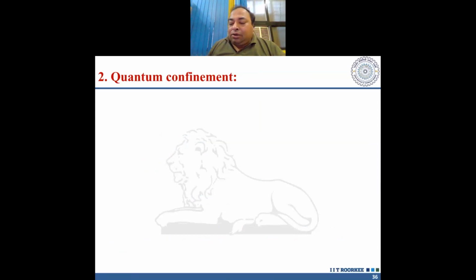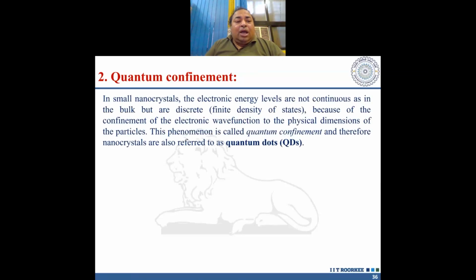Now we understand the surface property, the surface exposure. Now the second property of nanoscale material, which is quantum confinement. In small nanocrystals, the electronic energy levels are not continuous as in the bulk, but have a discrete, finite density of states because of the confinement of the electronic wave function to the physical dimension of the particle.